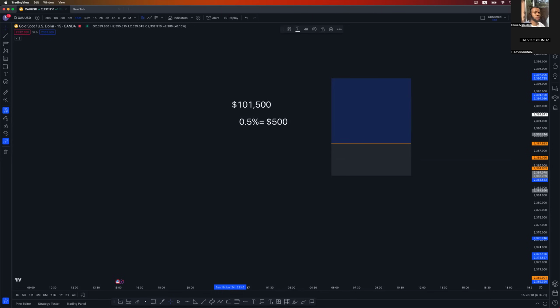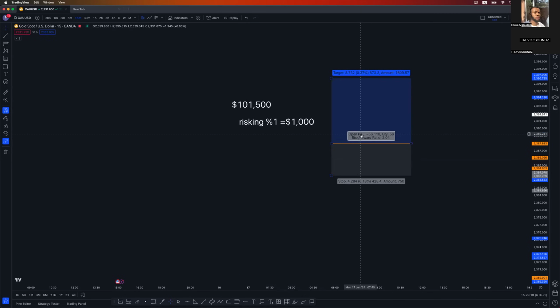Like this, you are up $1,500 in this $100,000 account, and you want to start risking $1,000, which is the 1%. 1% of $100,000 is equal to $1,000.